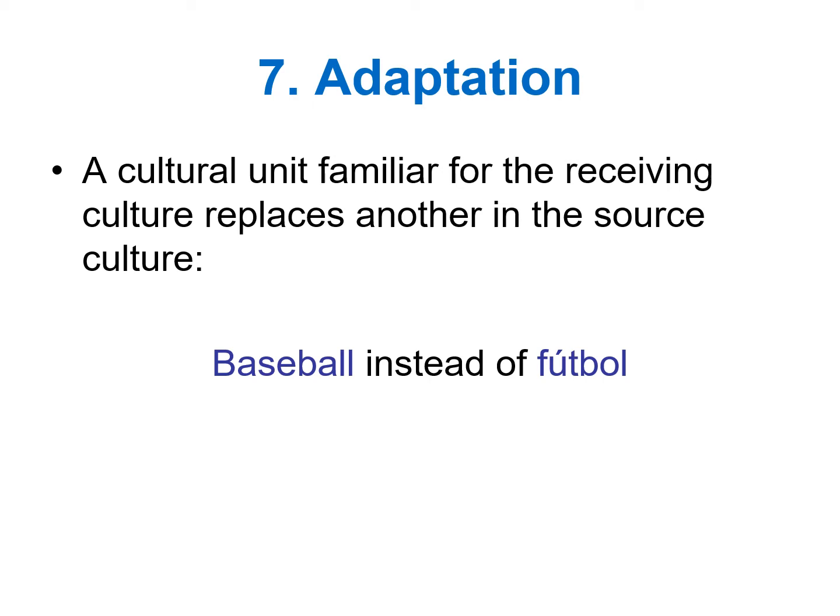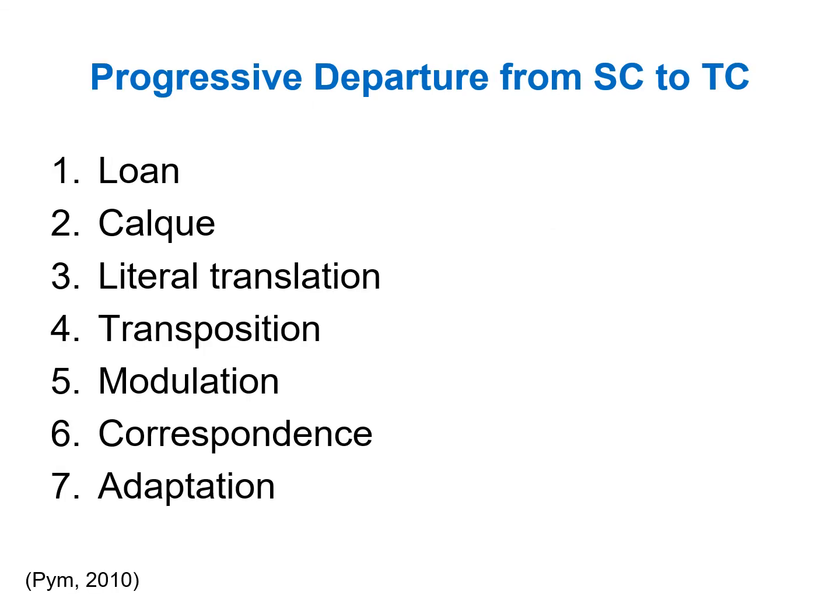So whenever we can, and this is allowed, a reference to baseball can be changed to football for Latin American readers, for example. So this is adaptation, the change or replacement of cultural units for more familiar cultural units for the target readership.